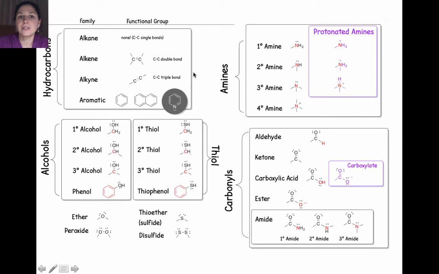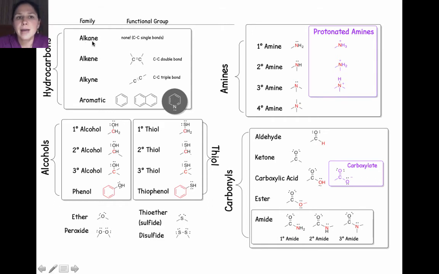So I have my functional groups in this slide organized a little bit differently than they are in your textbook. And I like to organize them this way because it organizes them by type. So the first things I'm going to talk about are hydrocarbons. So these are things that are made of just hydrogen and carbon.